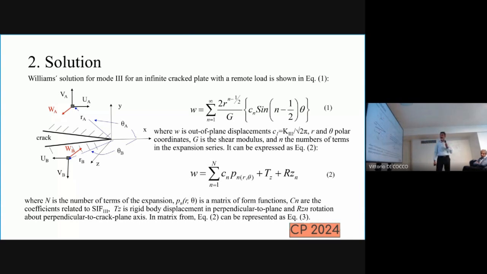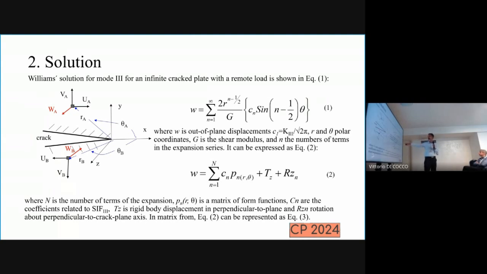And this is the solution proposed by Williams, where W is the out-of-plane displacement, G is the torsional modulus, the shear modulus, R and theta are the polar coordinates, N is the number of terms in the expansion, and C sub N is the term related to K3.